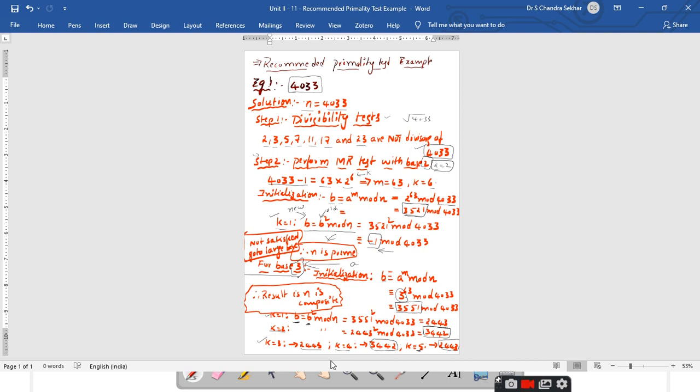So can anybody list out what are the primality testing algorithms we have discussed? Just list out the algorithms we have discussed earlier. What are the two algorithms that we have discussed under the deterministic algorithms?